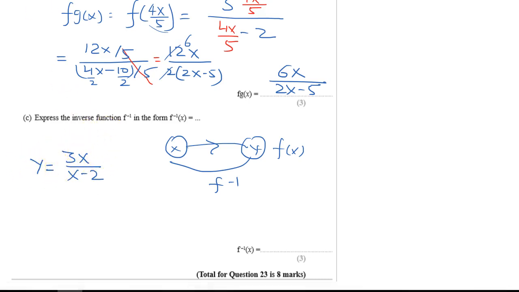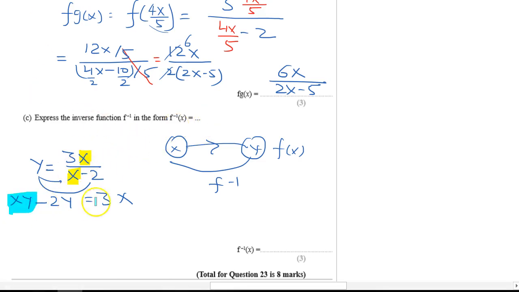Now what we are going to do is make x the subject. So we try to solve it. We multiply this. y times x is xy, y times minus 2 is minus 2y, is equal to 3x. Now we take the terms having x.